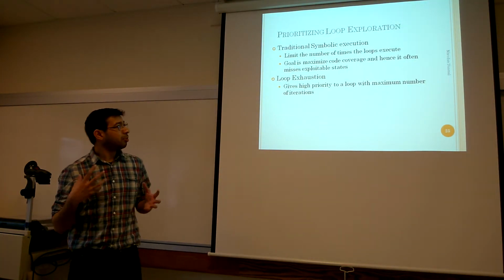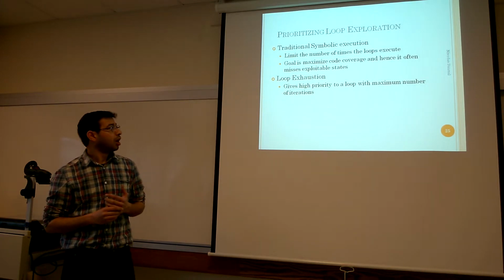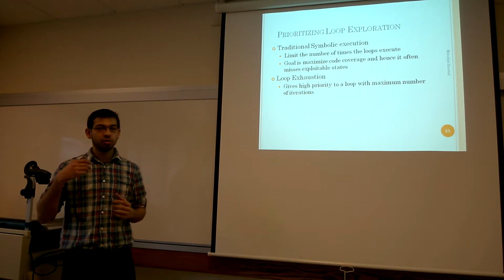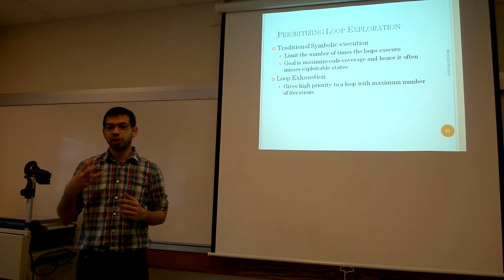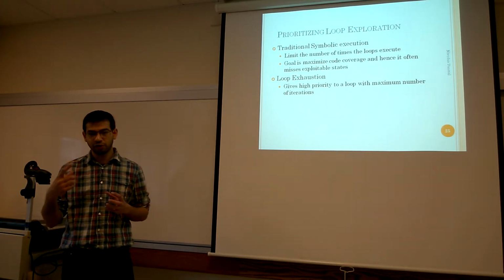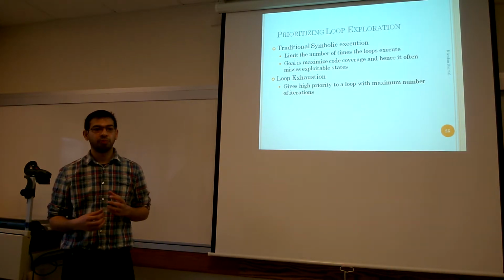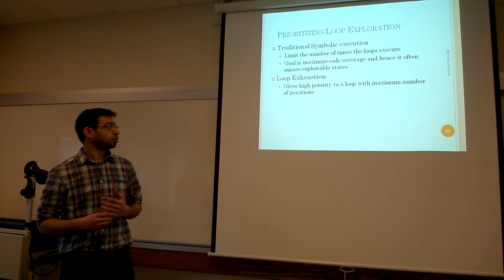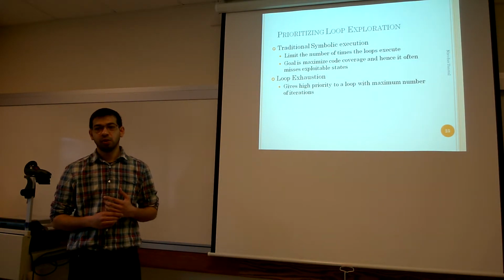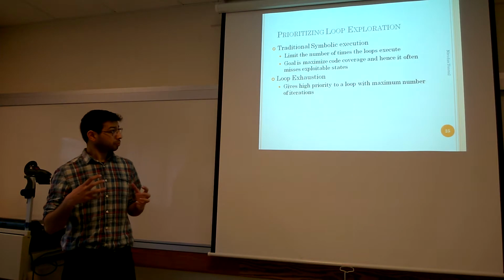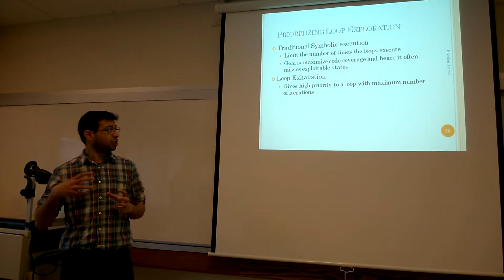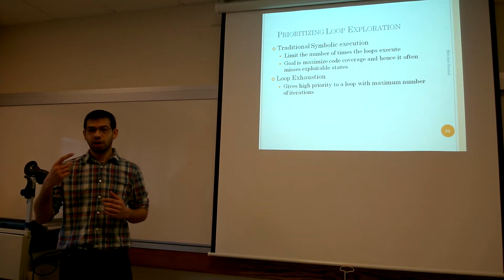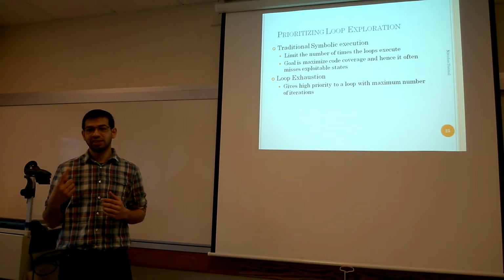So they limit the number of times the loops execute, and the goal is to maximize the code coverage rather than to keep on repeating those loops and check what is the effect of that particular loop on the variables inside. That is what loop exhaustion does in this technique, where it would take the loops with maximum number of iterations and would keep on running that algorithm and exploring paths inside that.